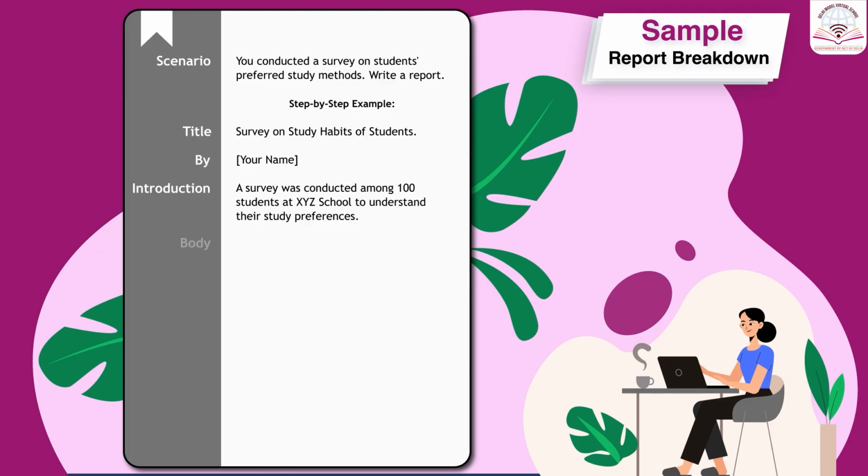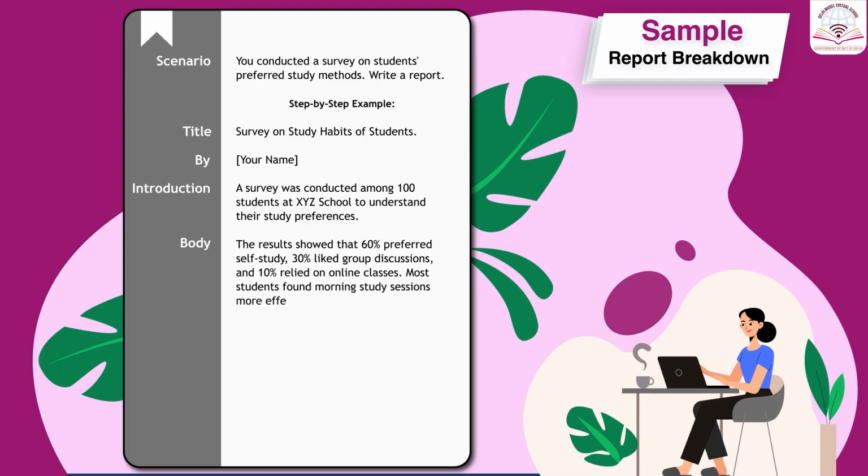Then will come the body, where you are going to write the main content, like: the results showed that 60% preferred self-study, 30% liked group discussions and 10% relied on online classes. Most students found morning study sessions more effective.